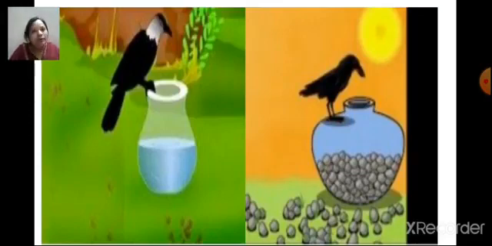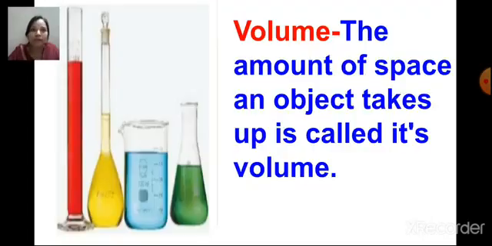For example, the volume or the capacity of this bottle is 5 liters and the capacity of this bottle is 1 liter. What does it mean? It occupies 1 liter of liquid.